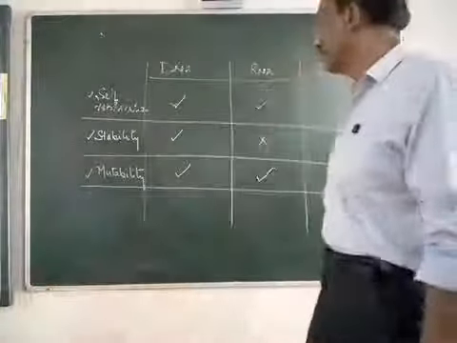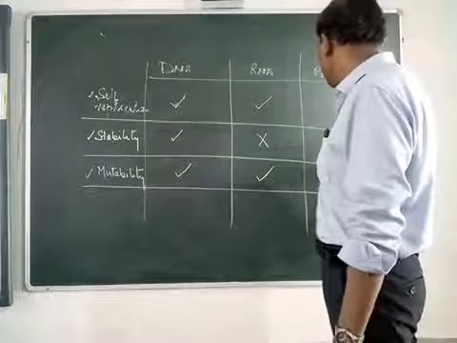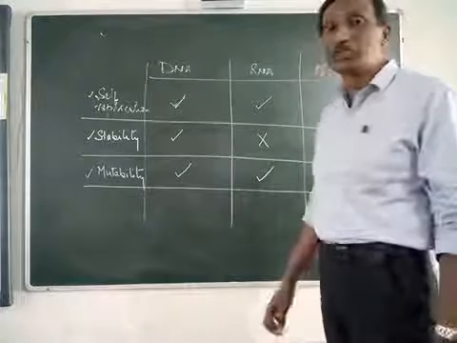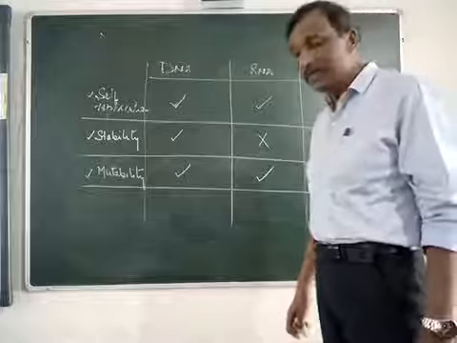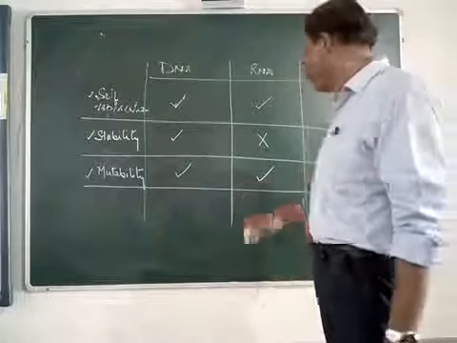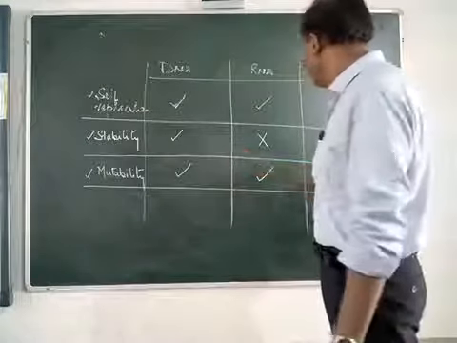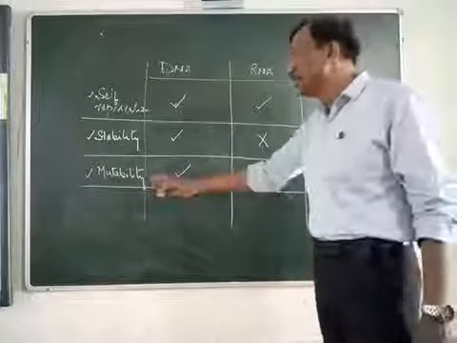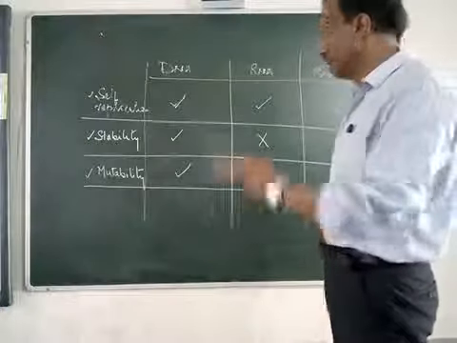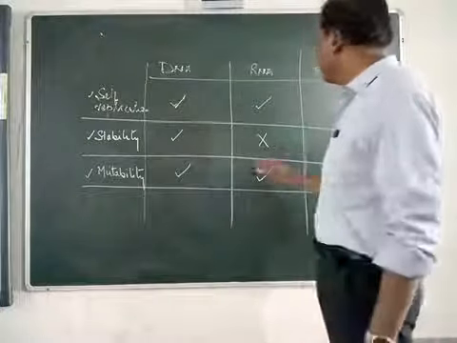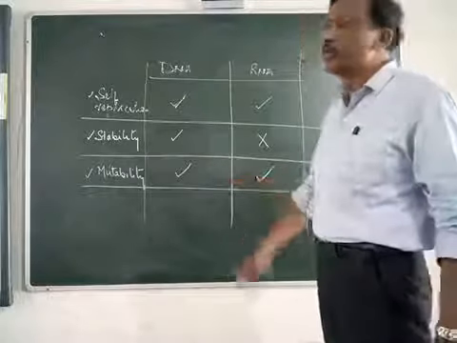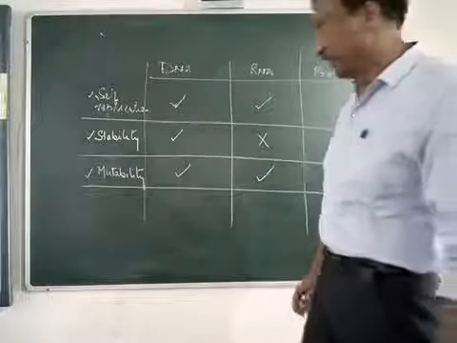Sometime or other there may be some error. Protein, since it cannot replicate on its own, there is no question. Protein will always be made from DNA to RNA and RNA to protein. So mutability is also not a suitable character for protein. However, RNA and DNA both can do that.